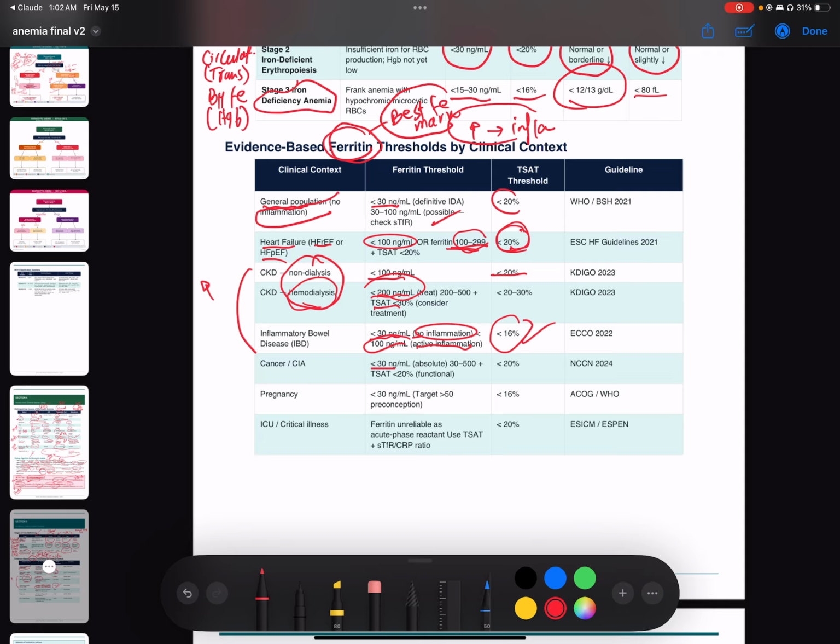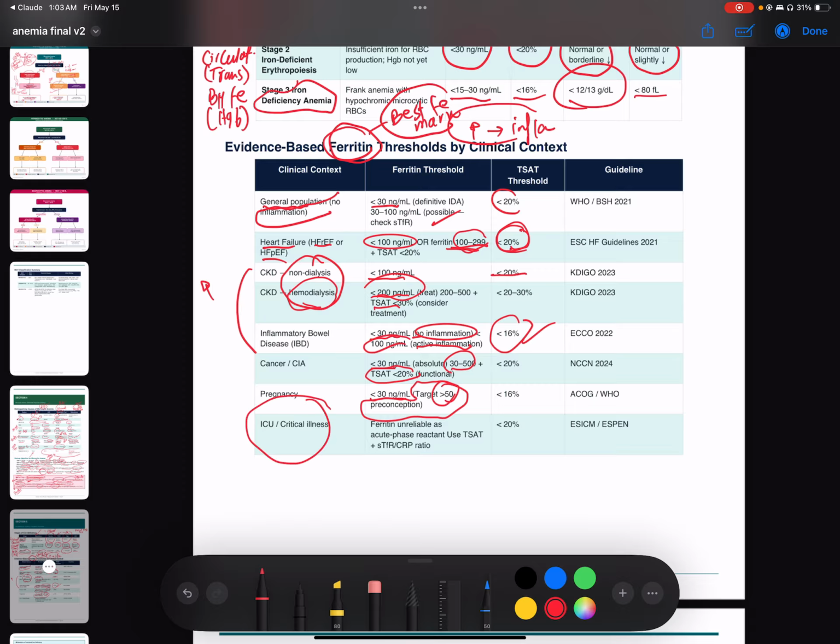But if the ferritin is between 30 and 500, you look at the TSAT. If the TSAT is below 20, that means it's iron deficiency anemia. In pregnancy as well, you diagnose it below 30, but you try to target a higher level in pregnancy. So you try to target ferritin above 50.